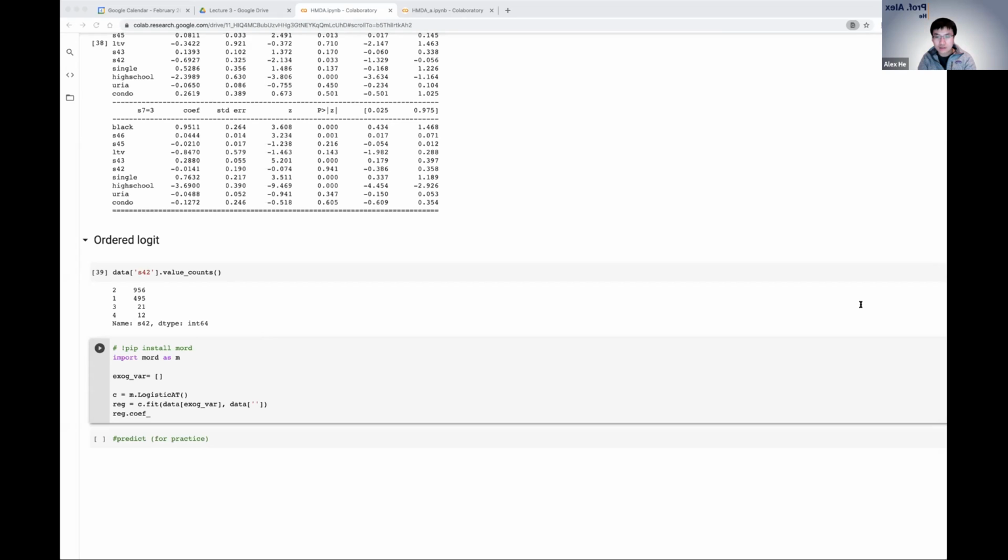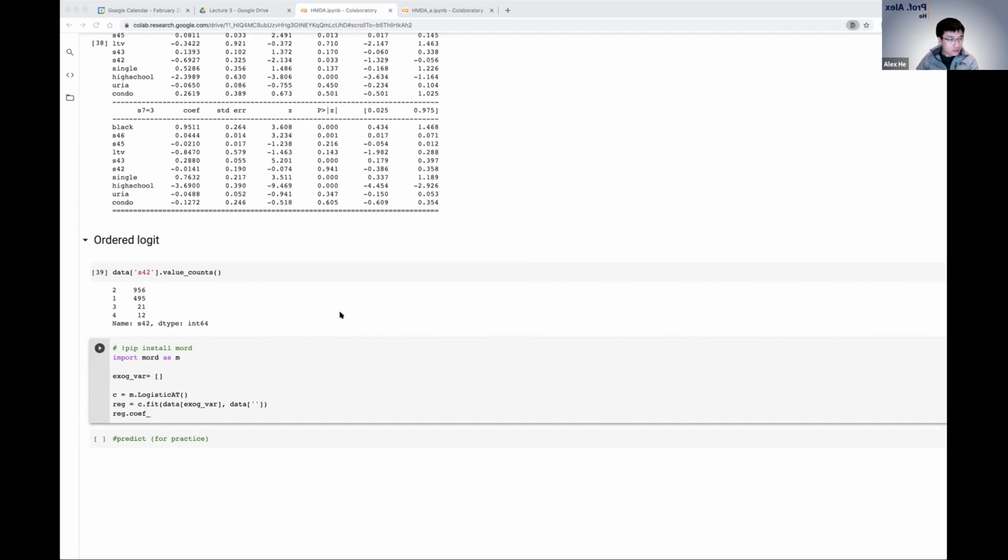You can say that's a little worse than no late payments and a little better than having some late payments. And 3 is 1 or 2 late payments, and 4 is more than 2 late payments. Or you can use S43, which is also ranked, okay?